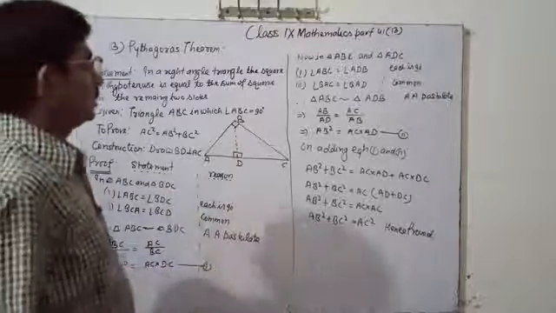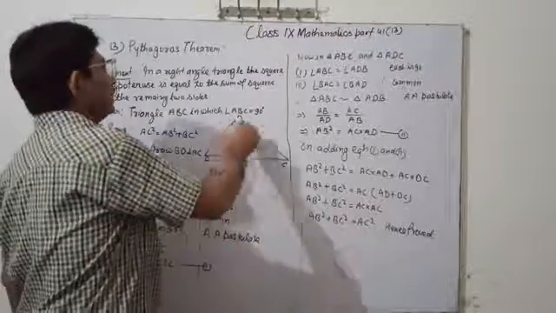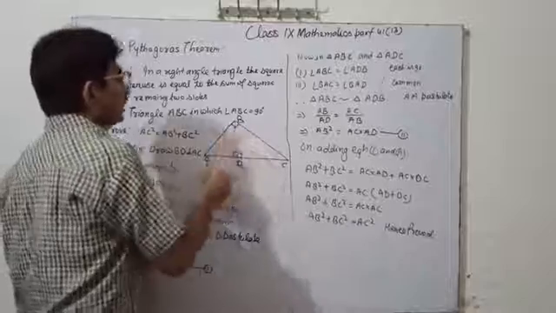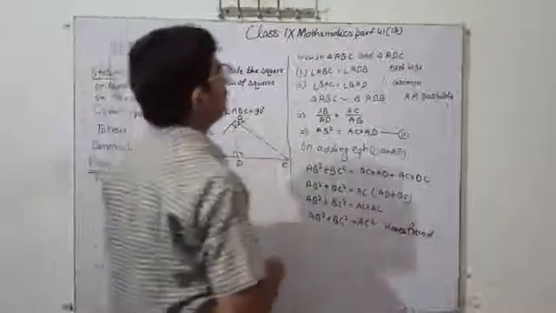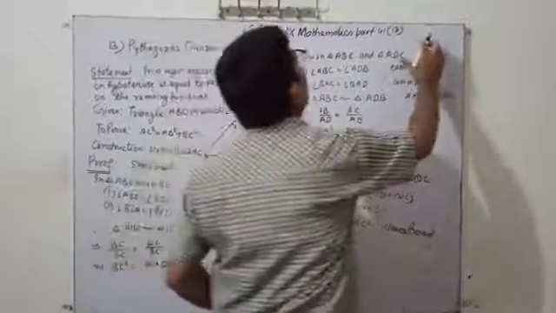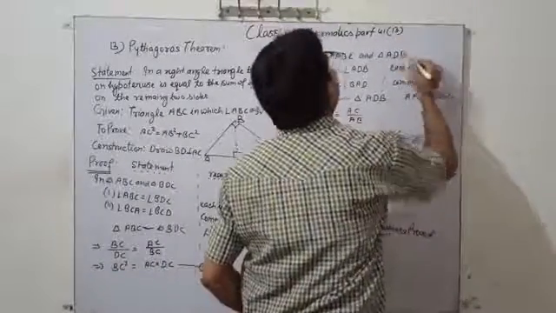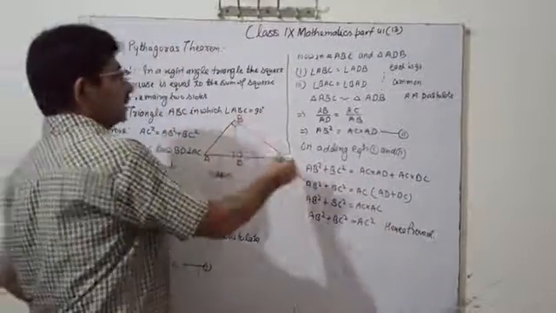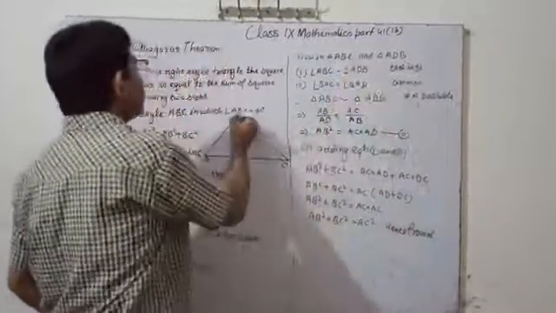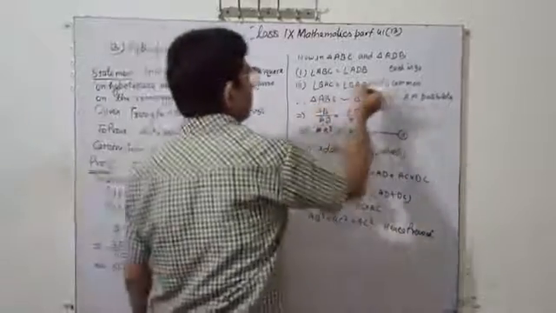This is equation 1. Now come on, triangle ABC and triangle ADB. Angle ABC equal angle ADB, each of 90.